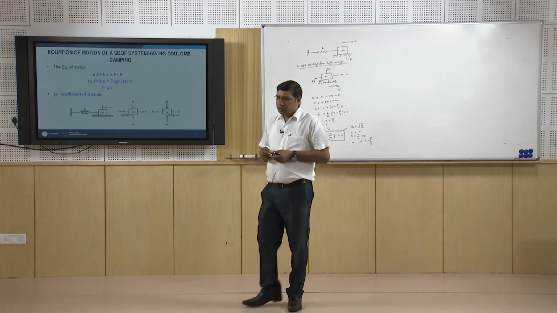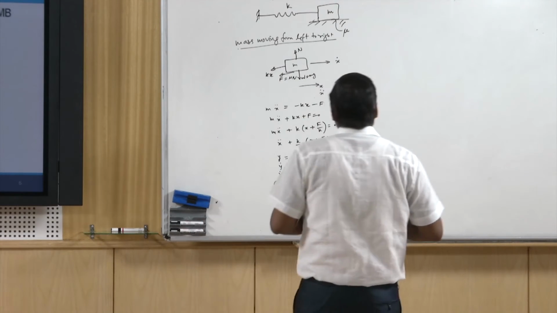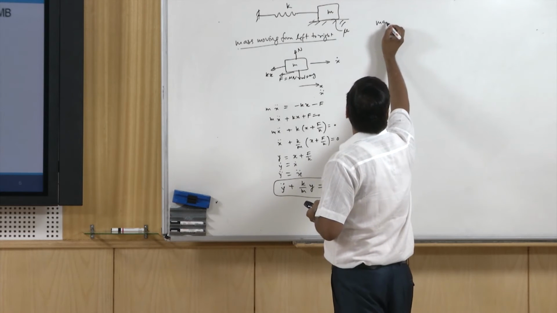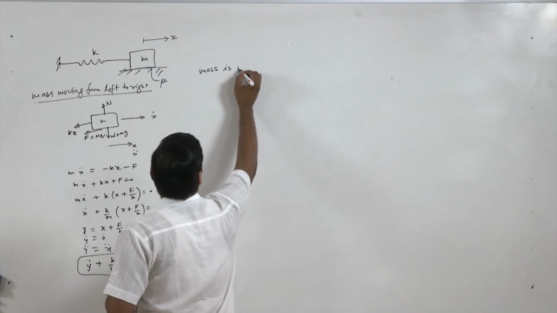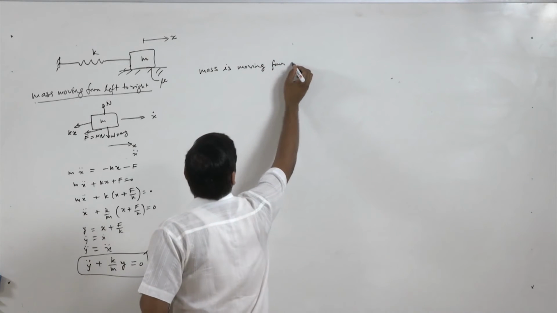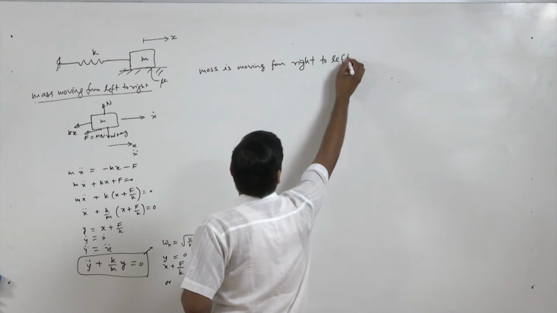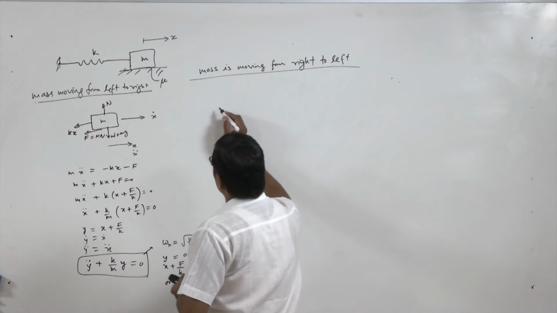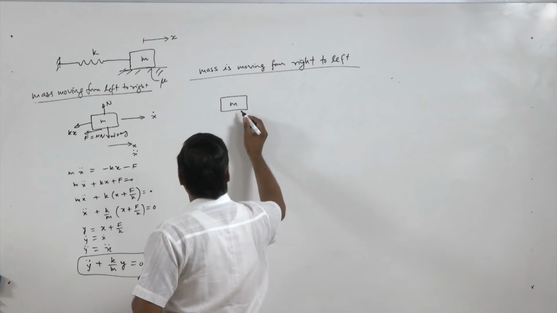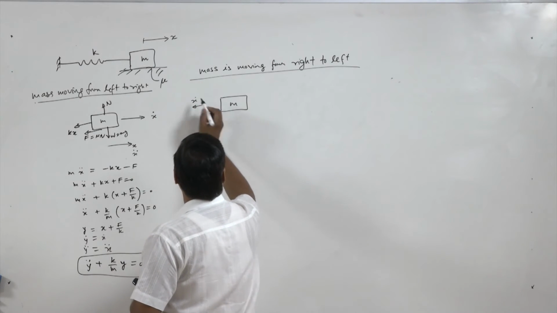Now we take another case. The second case is when the mass is moving from right to left. So we can make the free body diagram. This is the mass and it is moving in this direction, so this is x dot.